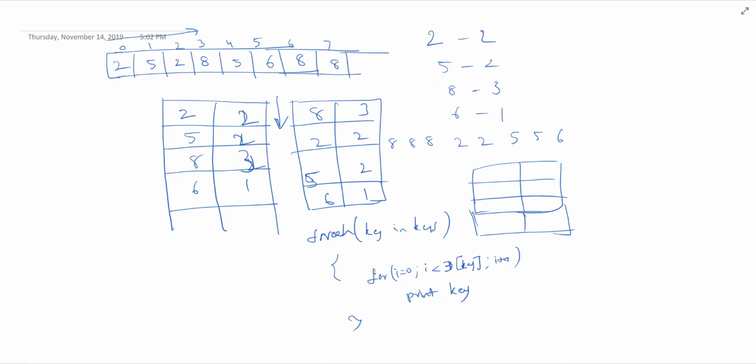For suppose the 2 first occurred at 0, 5 first occurred at 1, 8 first occurred at 3, and 6 first occurred at 5. And the collision is for 2 and 5 again. So what is the order that we need to print? It should be 2 and 5 based on the indices, as it is 0 and 1. For the first part, I'll code this out, but for the second part, I need to think about how we can implement that.